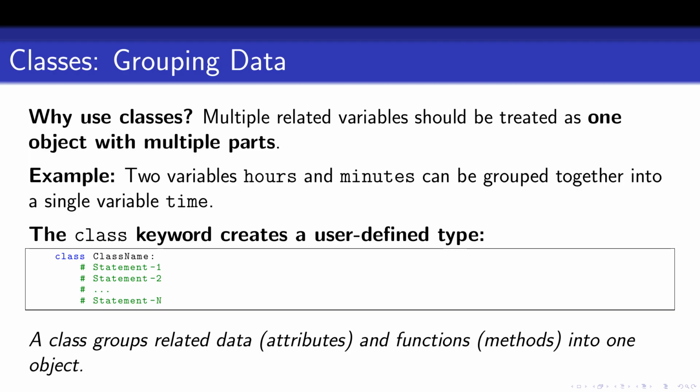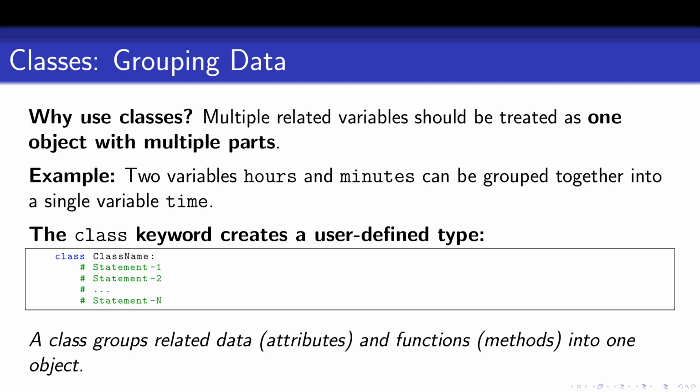Inside the class body, you write statements that describe the object's structure, like assigning default values or defining functions that operate on the object's data. This approach allows you to create your own custom data types that behave in structured, predictable ways. Think of a class as a blueprint. It defines what data and behavior the object should have, but you still need to create actual instances to use it in your program.